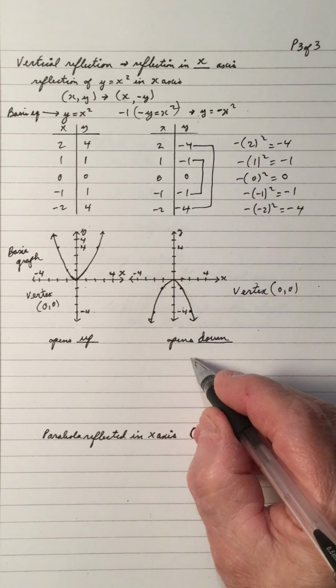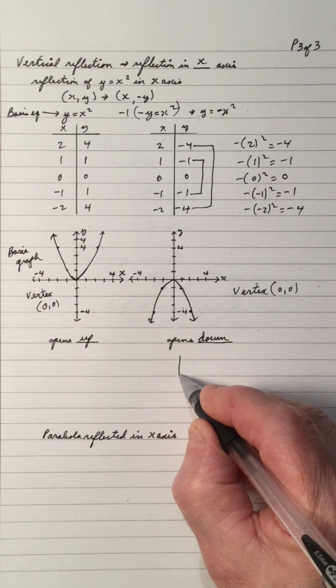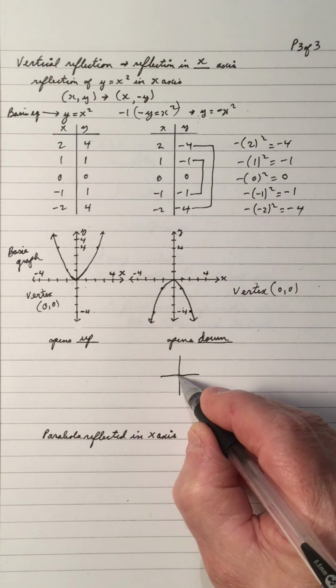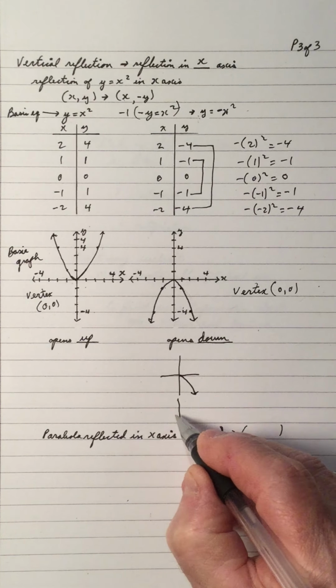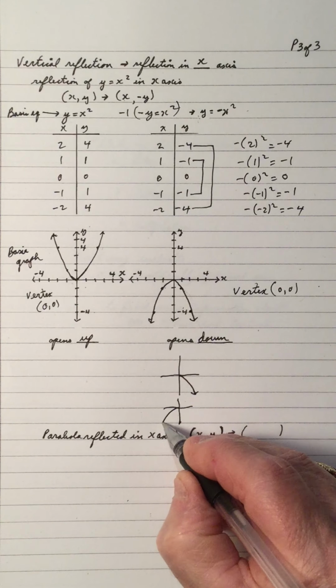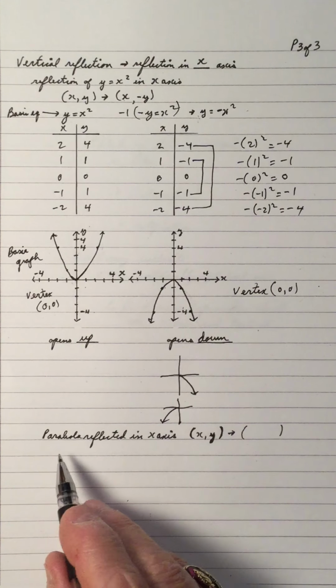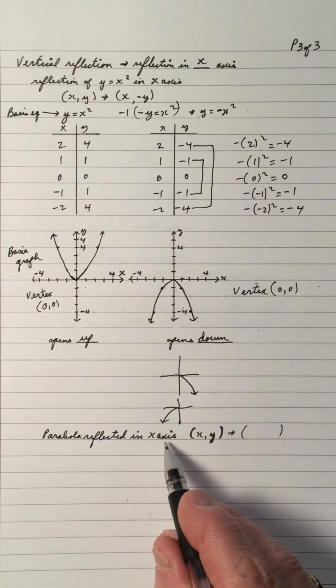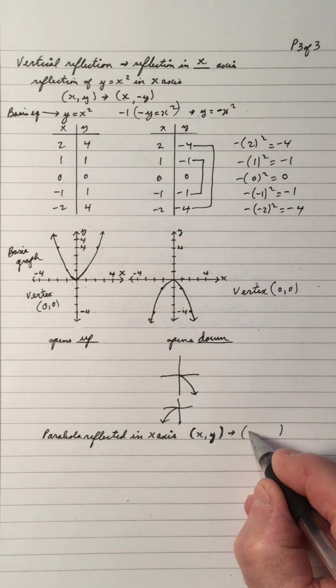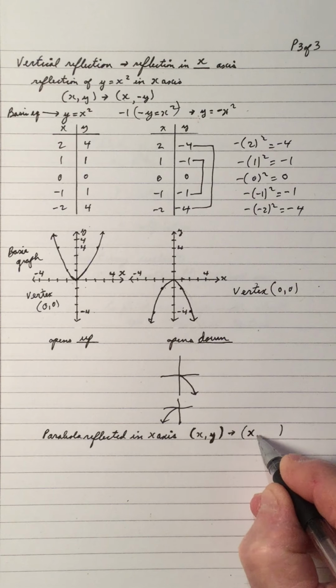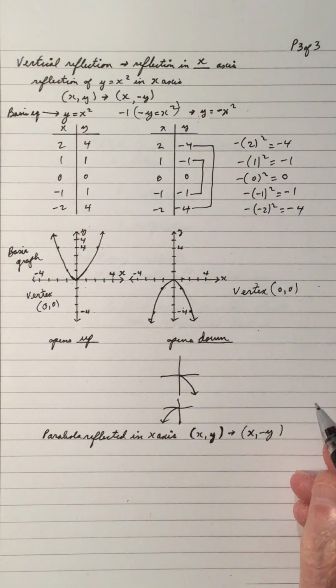And notice you still have the parabola split into the right side and the left side. The parabola reflected in the x-axis. When the parabola is reflected in the x-axis, the mapping rule gives you x, comma, negative y.